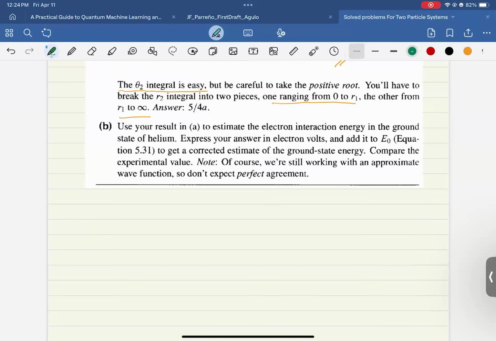Okay, so let's begin with the expectation value.